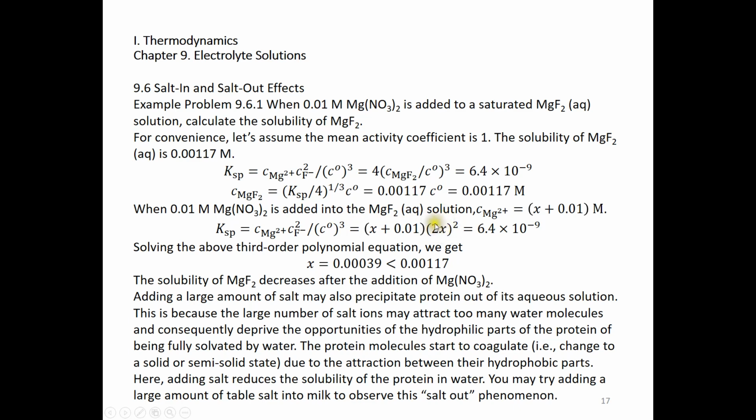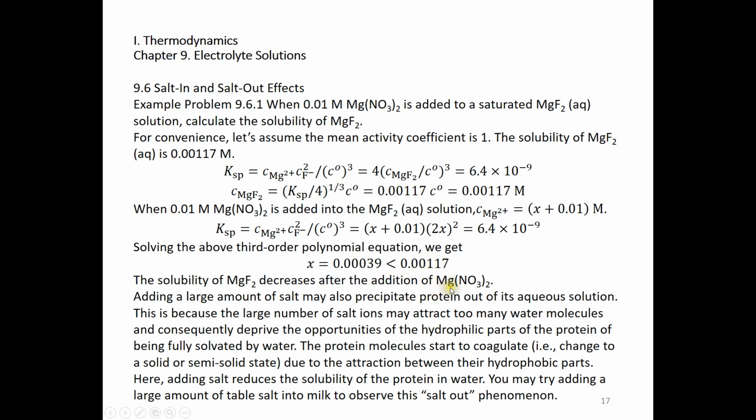So that's why we see 2x squared. And over here, x plus 0.01 is magnesium 2 plus, and this is the fluoride concentration. Now we solve this equation, and we get x equals 0.00039, which is also much smaller than the original value. It's roughly only 1/3 of the original value.